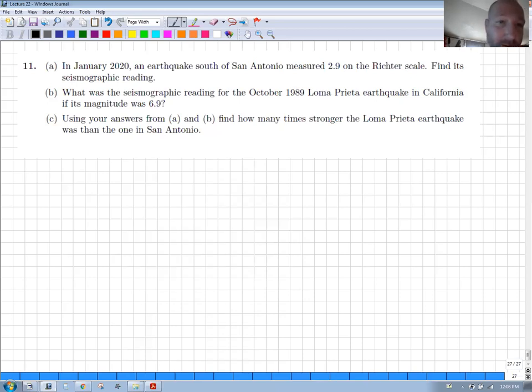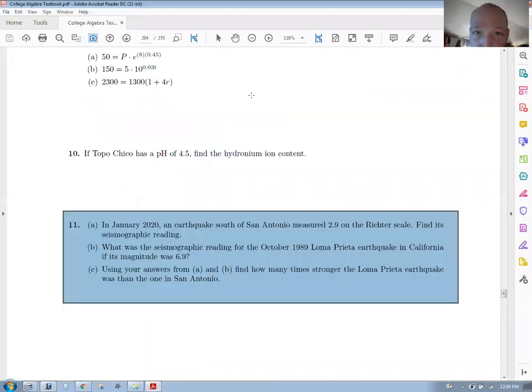Oh, here we go. R equals log. What is LC over LN? LC is the intensity of the earthquake, and LN is the intensity of a standard. That's not the formula we used. All right, I'll try to find the one that we used.